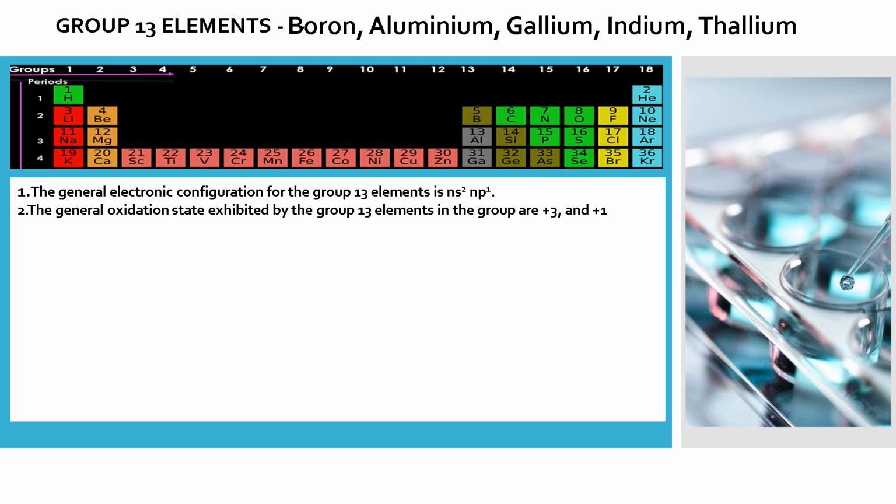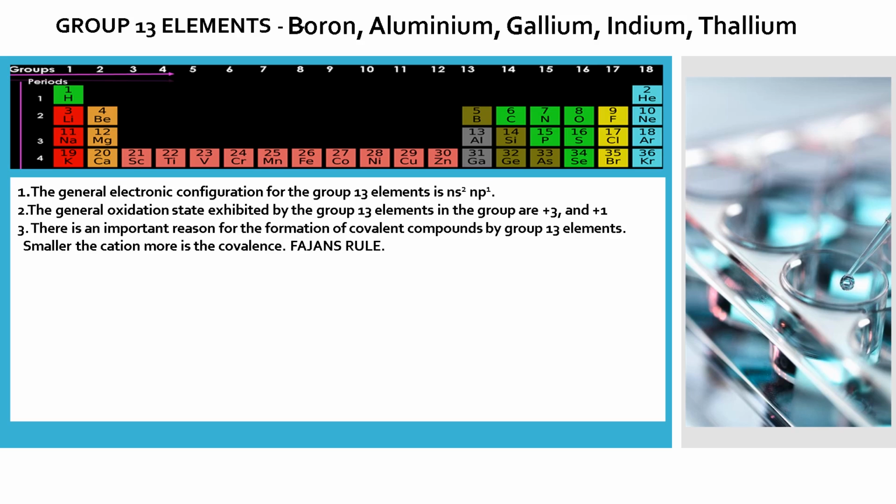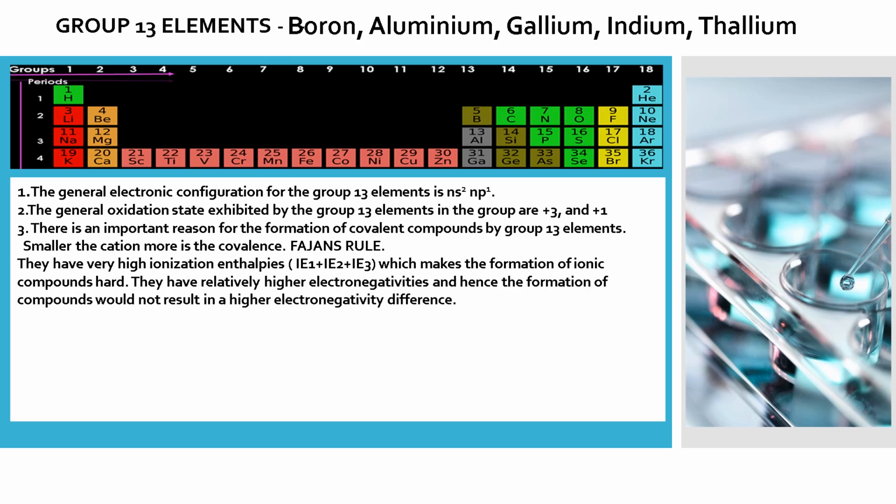But having said that, they find it easier to form covalent compounds than ionic compounds. The smaller the cation, the more is the covalence as per Fajan's rule. They have a very high ionization enthalpy, which makes forming ionic compounds very difficult. They have relatively higher electronegativity too. Losing all the 3 electrons is not easy.